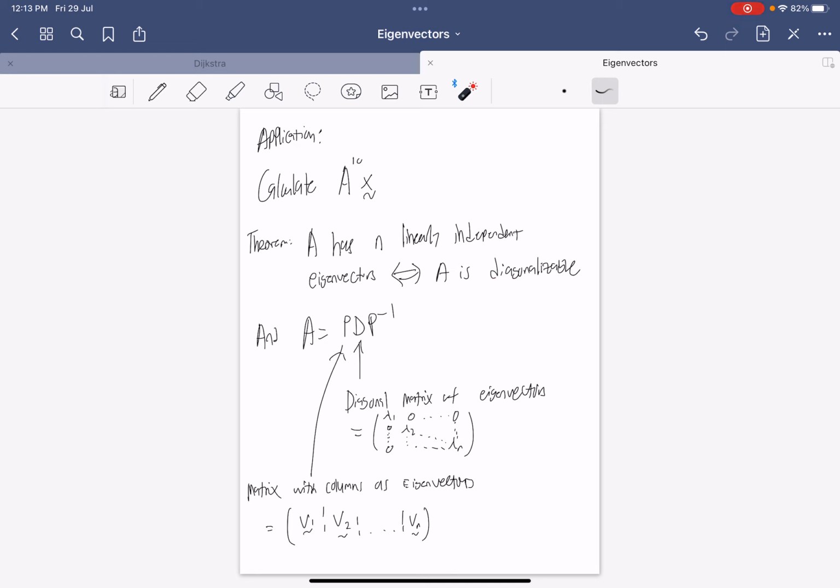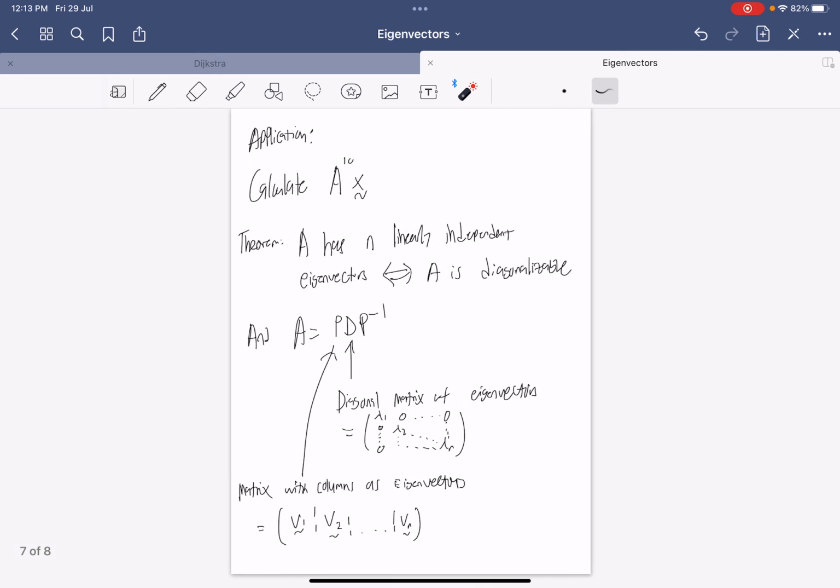And what does diagonalizable mean? It means that A can be written as a matrix P times a diagonal matrix D times the inverse of P. And what more, when you prove this theorem out, you will realize that the diagonal matrix filled with the eigenvalues and the matrix P, whose columns are just the eigenvectors, works.